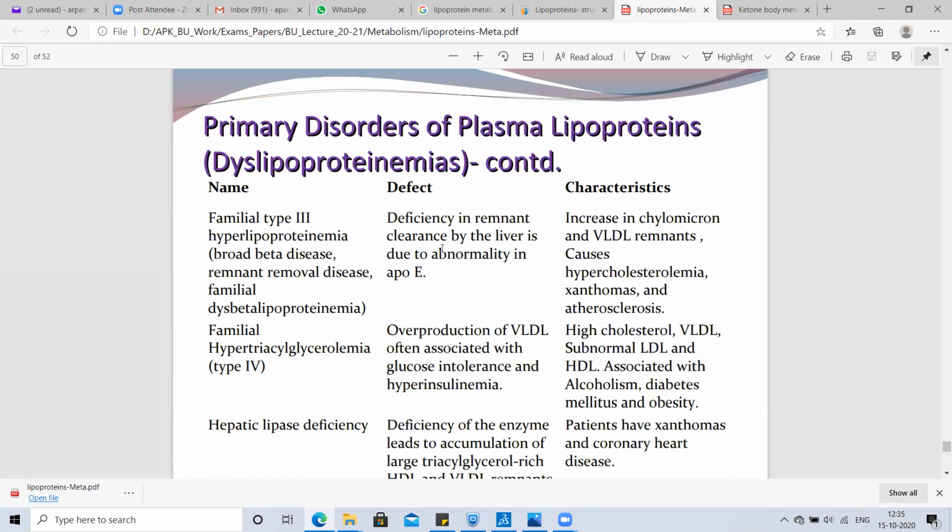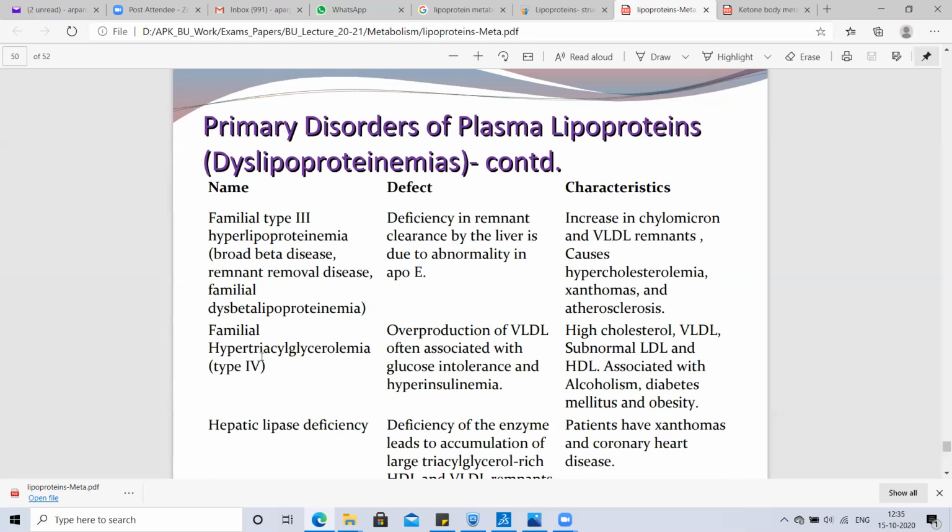Here a deficiency in remnant clearance by the liver happens, which occurs due to an abnormality in ApoE. ApoE is a part of remnant chylomicrons and VLDL. So remnant chylomicron or VLDL levels increase inside the body, which would lead to hypercholesterolemia, xanthomas, and atherosclerosis.